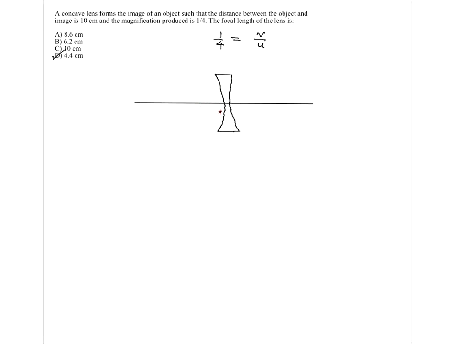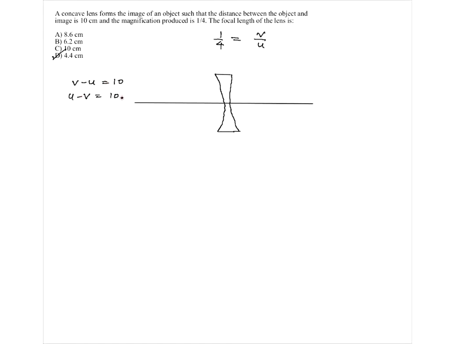And V is closer, U is farther. So when we say the distance between them is 10 centimeter, let me ask you this question. Which is correct? Right side is plus 10. Which is correct?